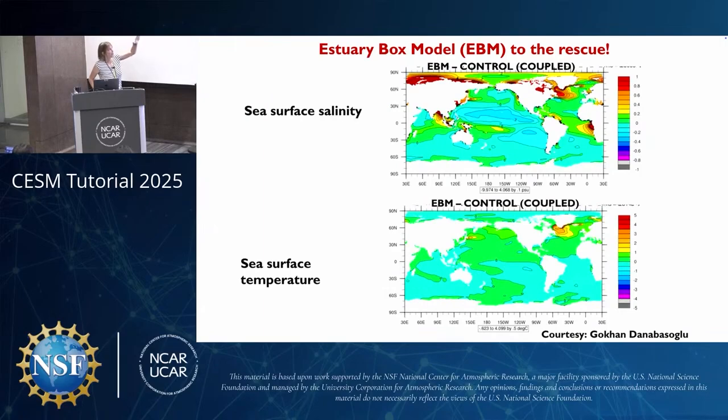But when they included this, suddenly you see that the biases went in the good direction. The surface salinity increased, and then the bias compared to the control also increased. We had a positive bias, and it helped and solved our Labrador Sea in CSM2.